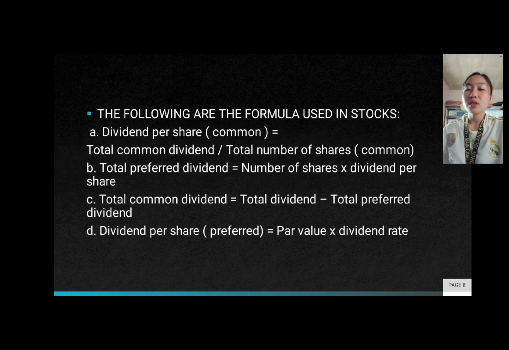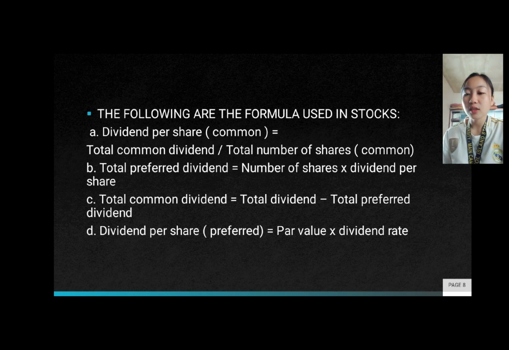These are the formulas used in stocks. First is the formula for finding the dividend per share: dividend per share is equal to total common dividend over total number of shares. The formula for computing the total preferred dividend is number of shares multiplied by the dividend per share.